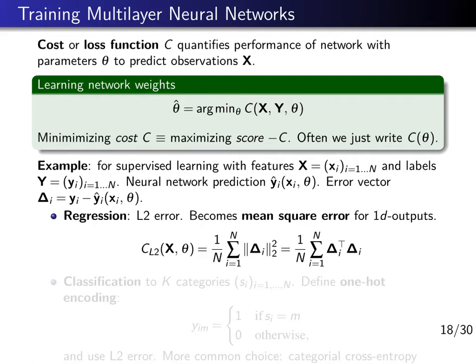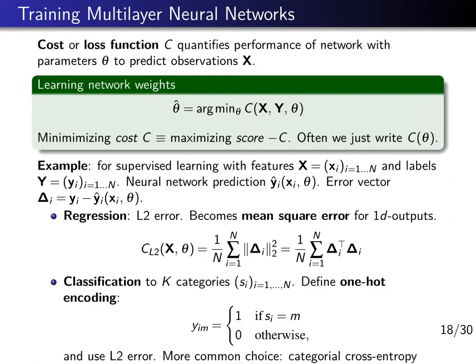In this case, for example, in least squares regression, we minimize the square norm of the error vector summed up over all data points. So that's the L2 norm or the mean square error of these error vectors.